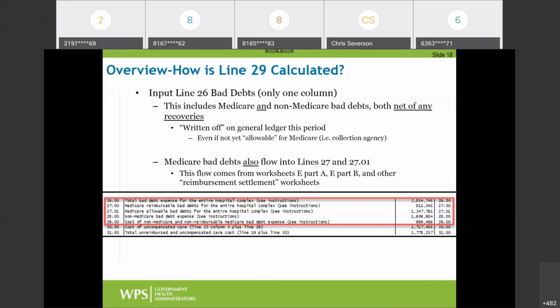So we'll talk about that example in a little bit. But to answer your question, no, you would not want to show the reserve or the allowance account. We actually need to see just the true write-offs, which is a derived number from the financial statements. You can only derive it. It's an implied number, if you will, or imputed. So again, we'll get to that in just a bit.